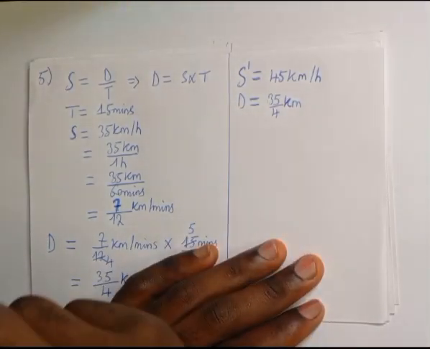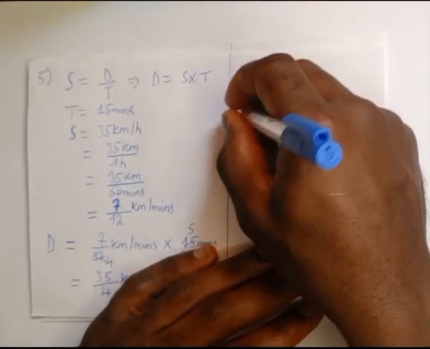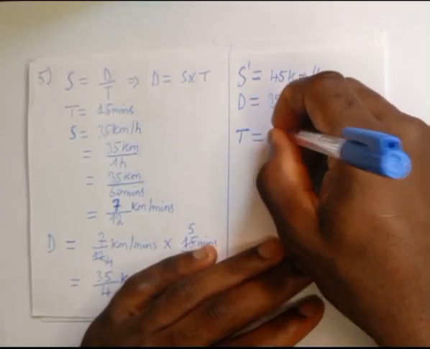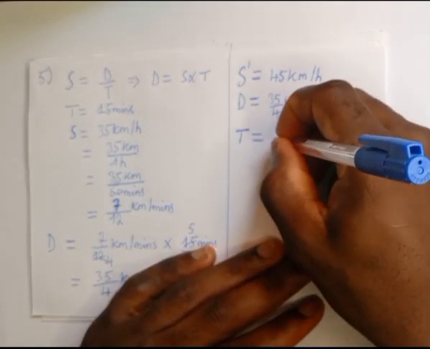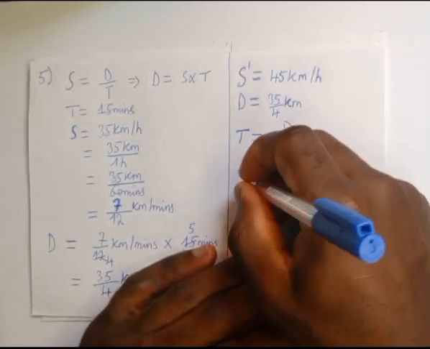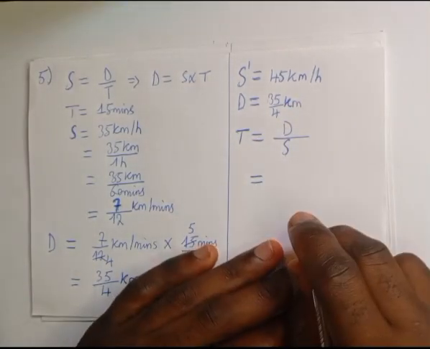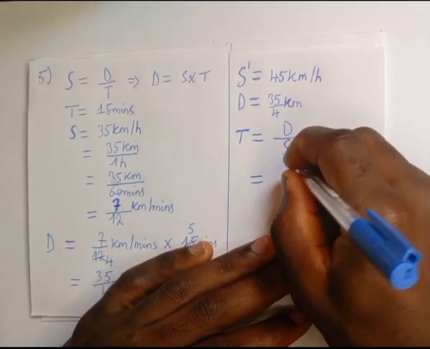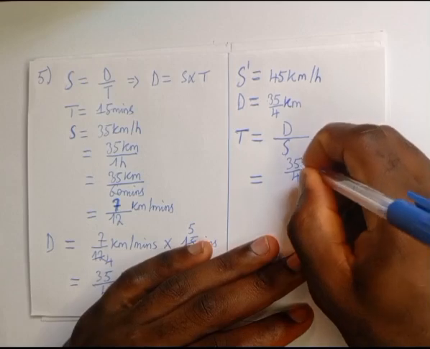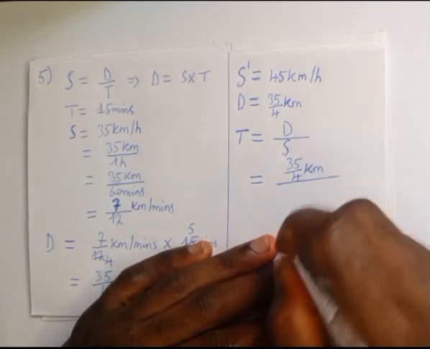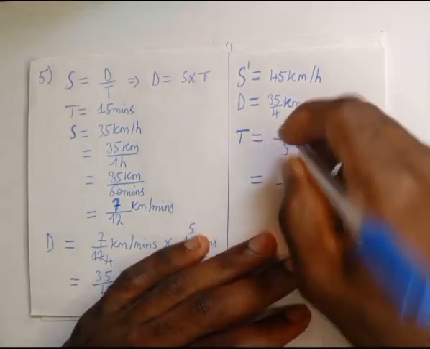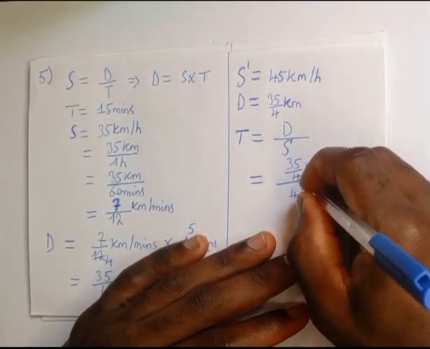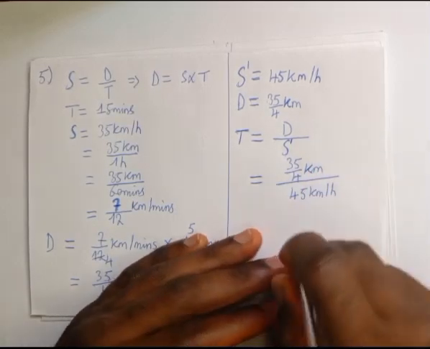Now we need the time. You know, time is equal to the distance traveled all over the speed, and this will simply be equal to the distance traveled from home to school, 35 over 4 kilometers, divided by the average speed of D4, which is s prime.